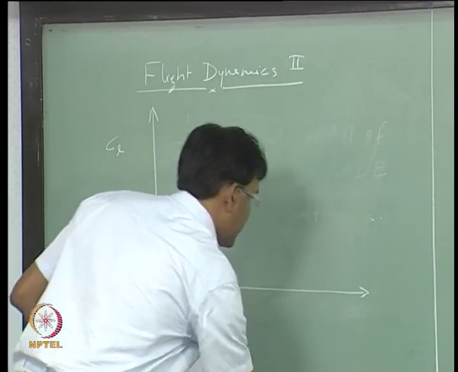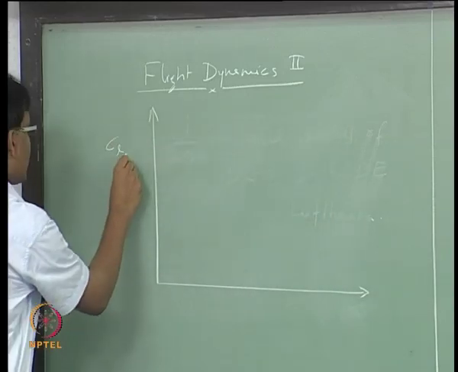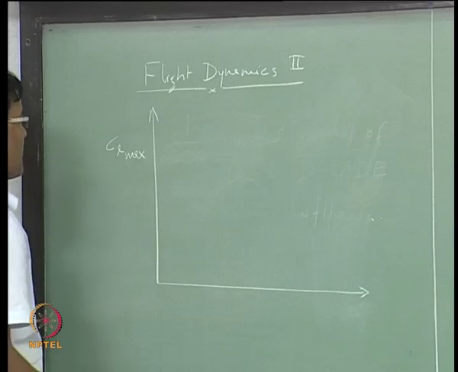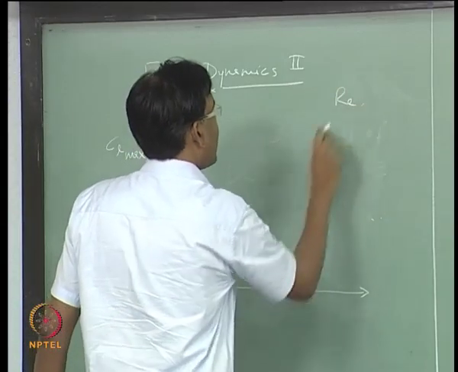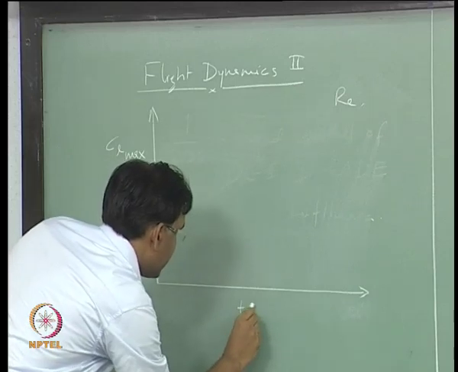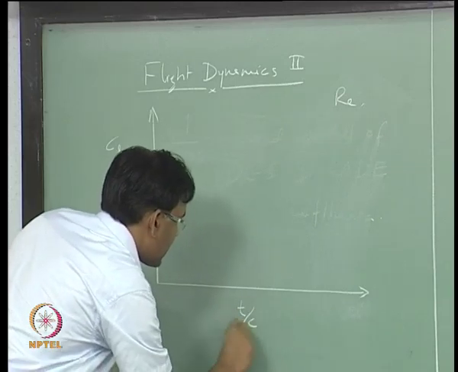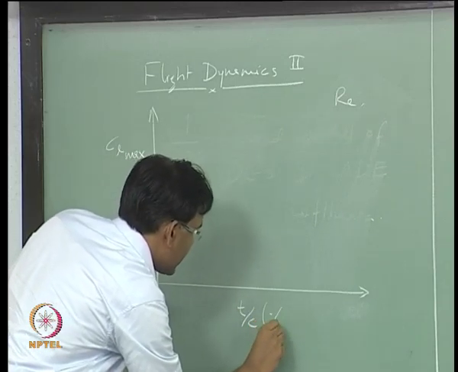We want to look at how CL max is varying with Reynolds number and the thickness to chord ratio, which is in percentage.